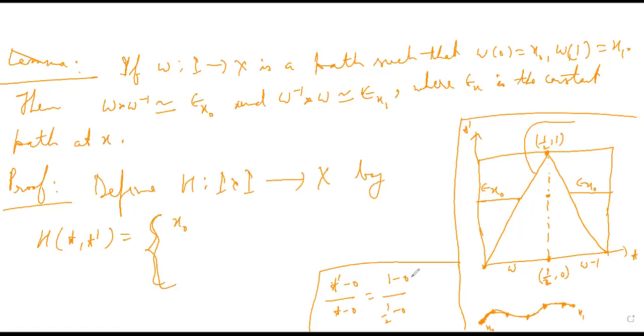This will give you t equal to t prime upon 2. So it is x naught if t is between 0 and t prime upon 2.